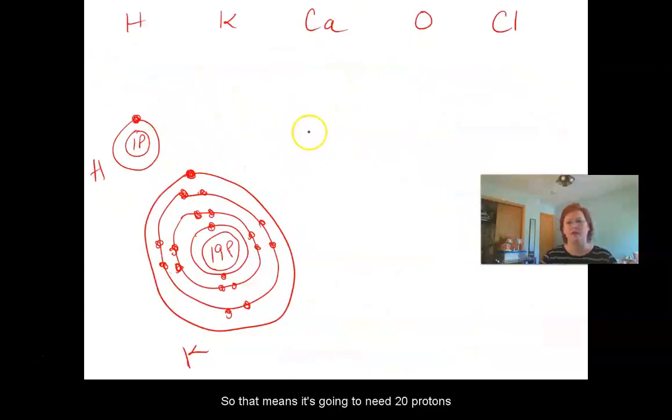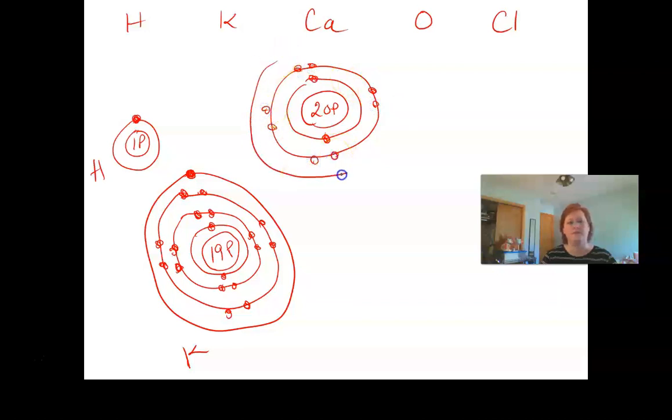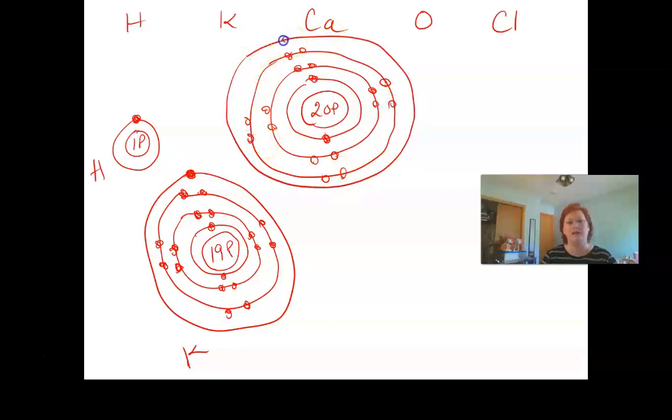So that means it's going to need 20 protons in the nucleus, and it will need 20 electrons. So let's draw that out real quick. So that's 10, 18, and 20.